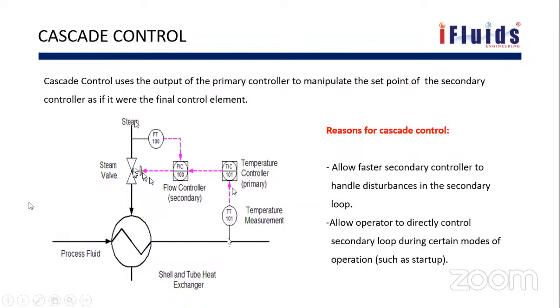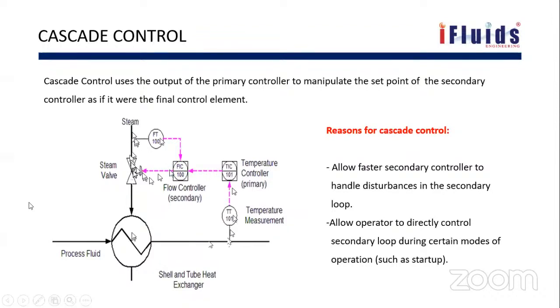In case of any disturbances in the steam flow, this control valve doesn't know how much flow is going or how much flow is available. If the steam availability is low, the temperature is maintained only based on the steam valve operation, but the steam valve will not know what flow is passing through it. So it may immediately open and pass more steam, and the temperature may shoot up immediately, and the control will not be uniform.